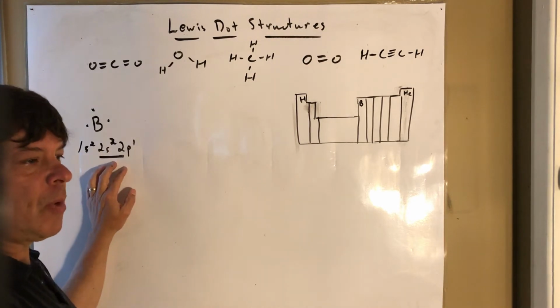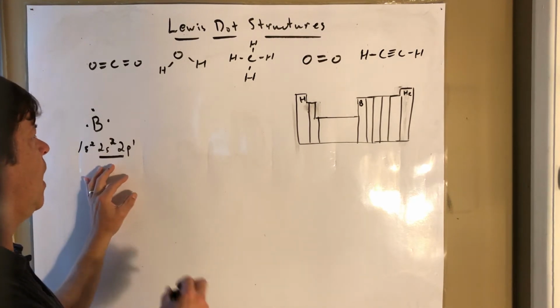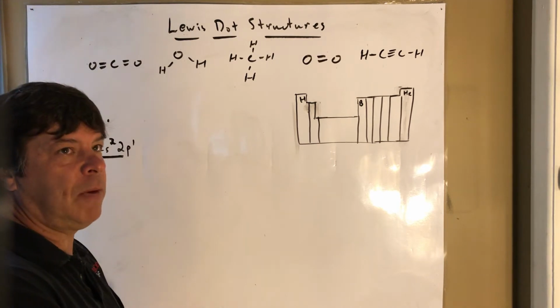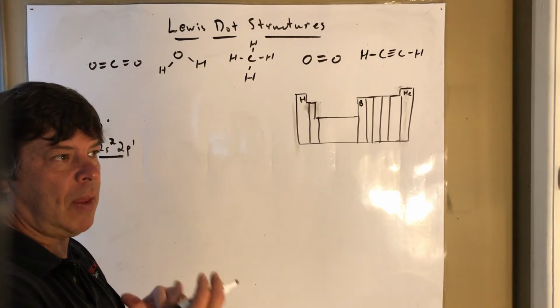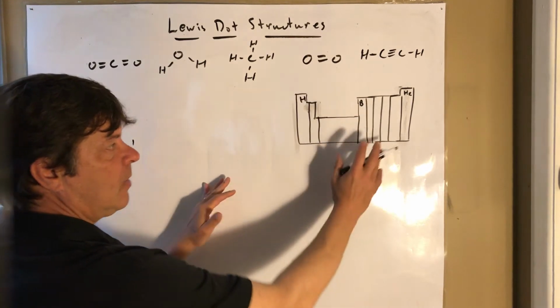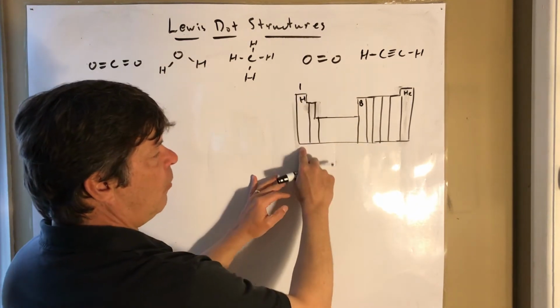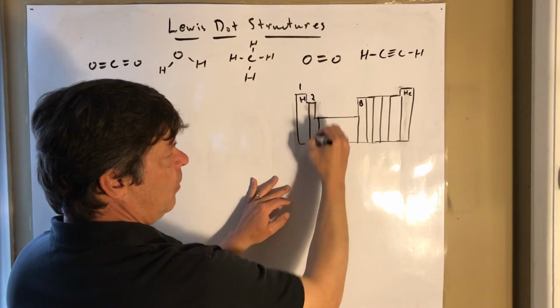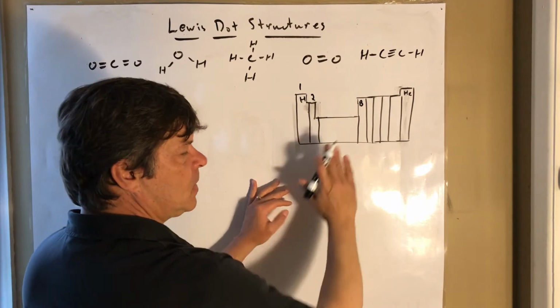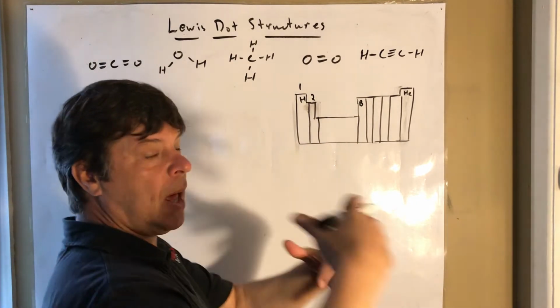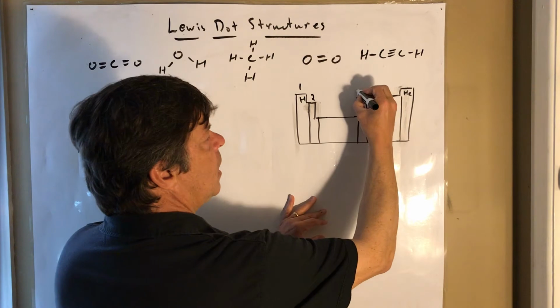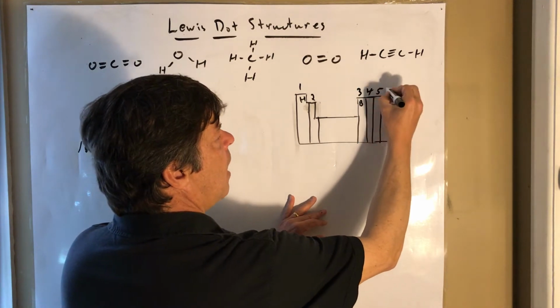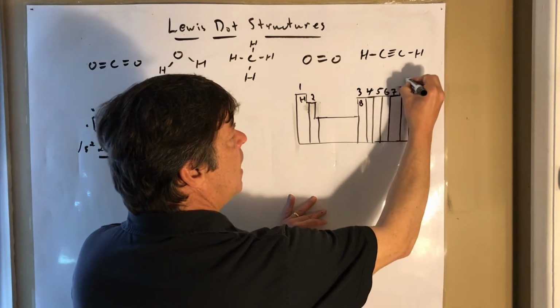We're not going to always have to draw the electron configuration. There's a shortcut to figuring out how many valence electrons atoms have. So looking at this periodic table, all these have 1, all these have 2. We skip the transition metals. We're only going to be bonding non-metals. 3, 4, 5, 6, 7, and 8.